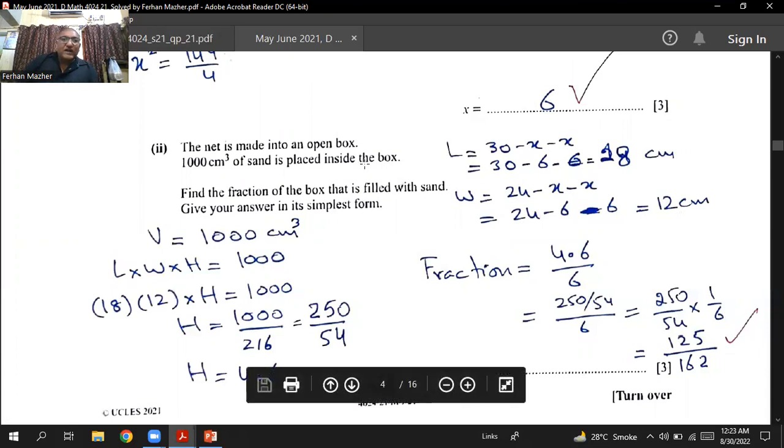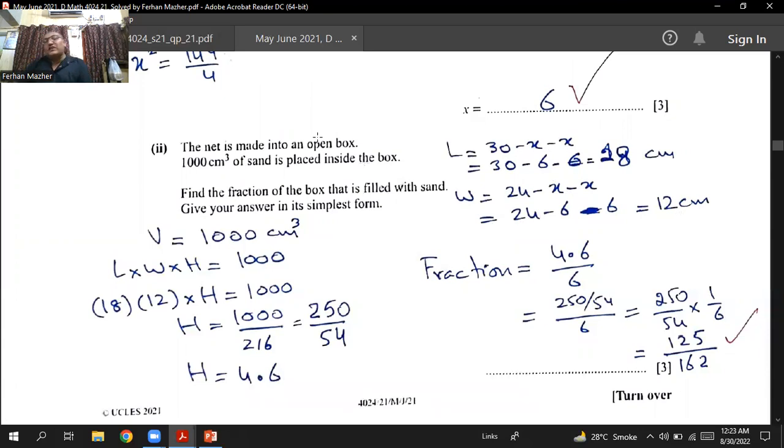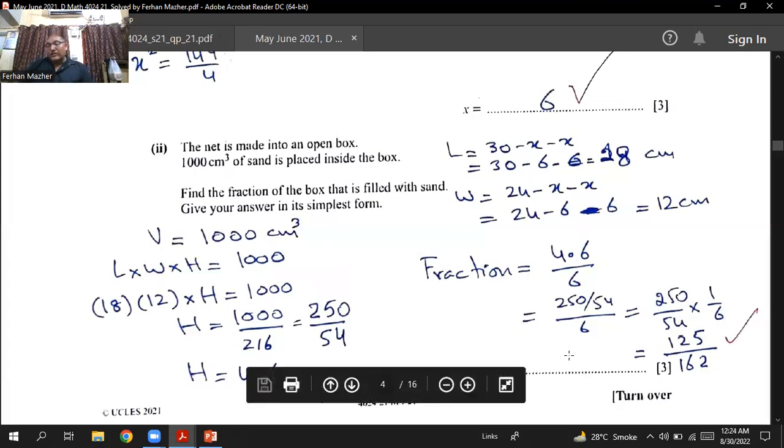Now the fraction of the height of the box which is filled, and because the length and the width, they both are same. The sand has a height of 4.6 in that box, and the total height of that box is 6.